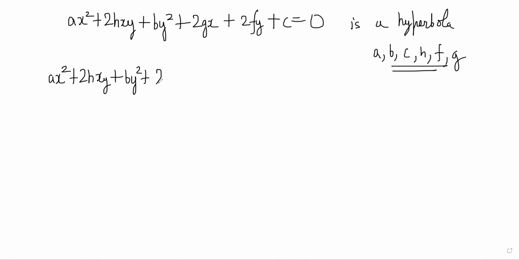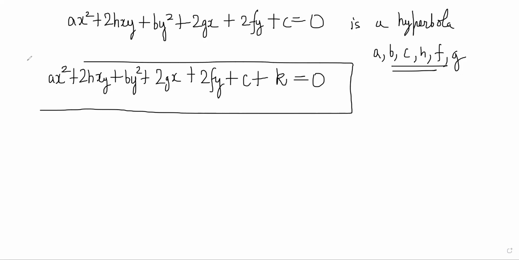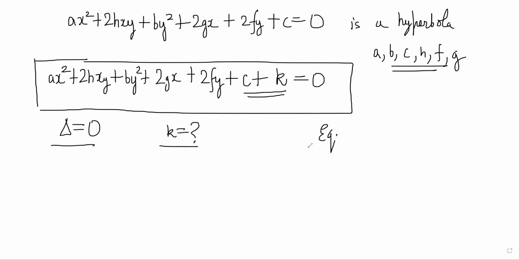K is some constant, right? And now here, because it is supposed to be an equation of a pair of straight lines, you can do del is 0, right? And del is 0, the only thing that has changed is c has become c plus k. And then you can find k from there, right? Once you get k, you get the equation of asymptotes, right?